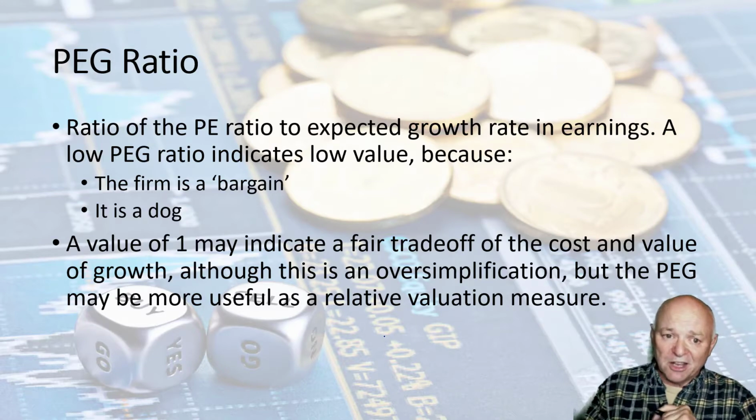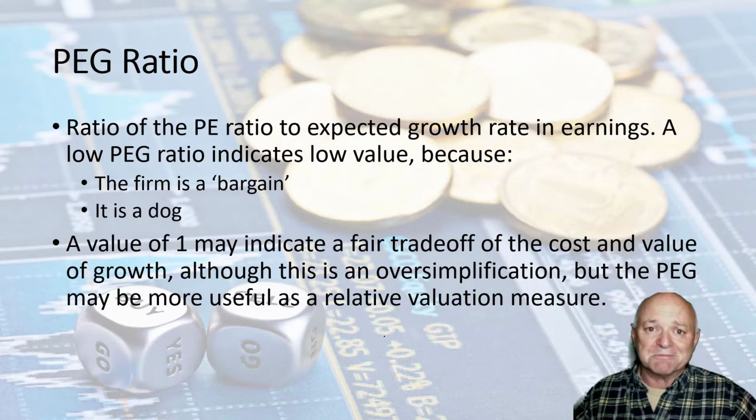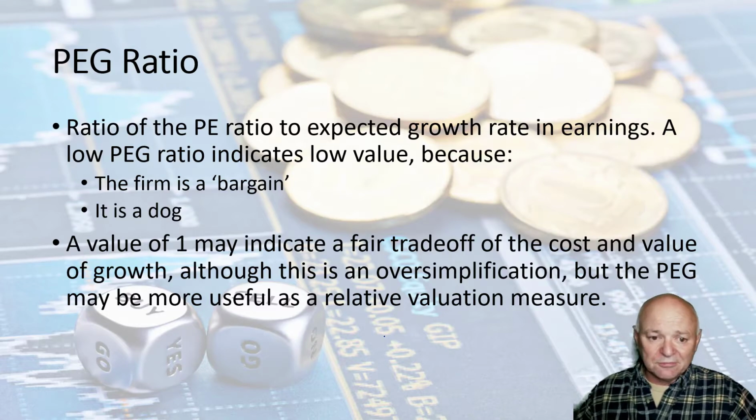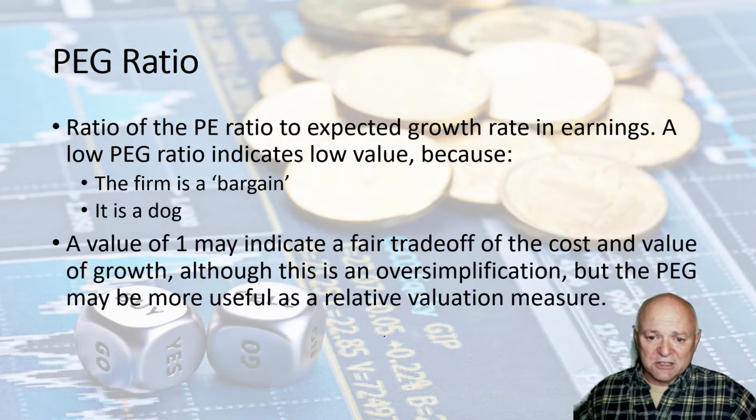A company with a low PEG ratio indicates low value because either the company is a bargain or maybe just because the company is bad, it's a dog. A value of 1 would represent a fair trade-off of the price of the stock and the future value of the company's growth. Although that could be an oversimplification, it's certainly a good place to start the analysis.